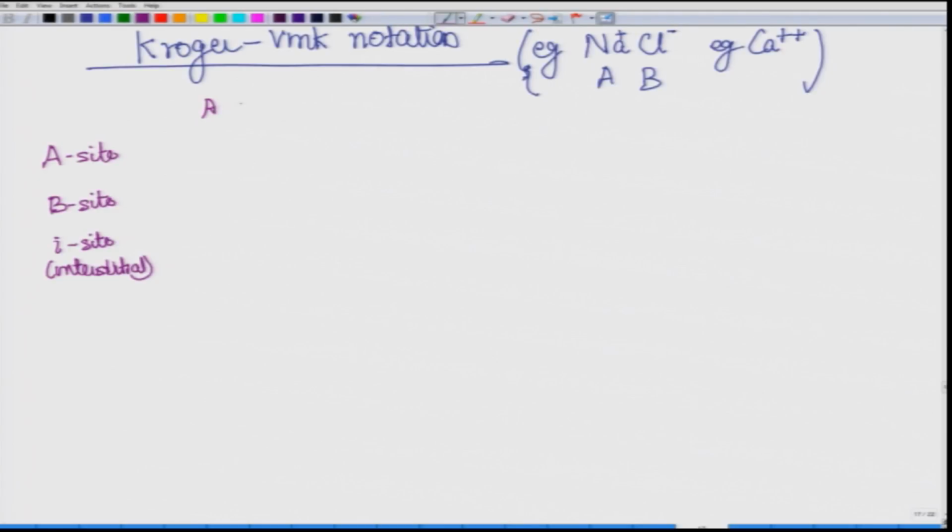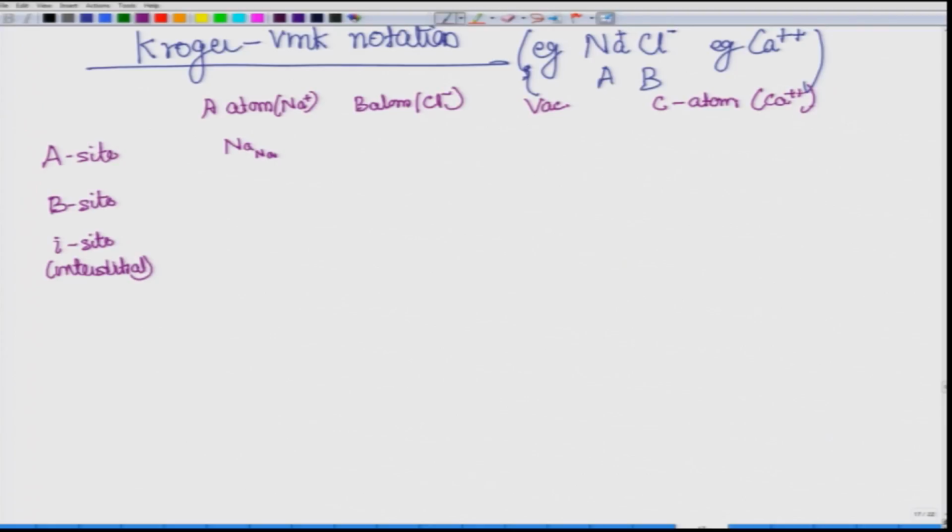We have A atom, which is Na plus, B atom, which is Cl minus, and then there is the absence of an atom, which is a vacancy, and then there is C atom, which is Ca double plus. Now, when the A atom, which is Na, sits at its own place, we denote it by Na subscript Na, and in this particular system we use the effective charge.